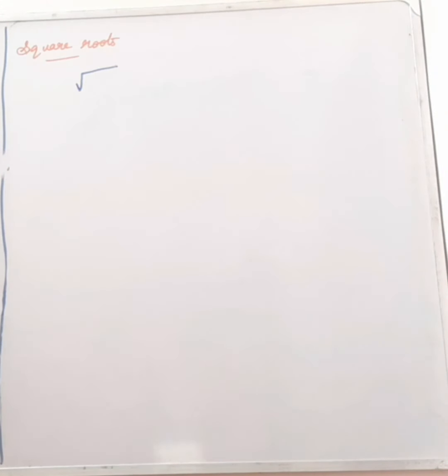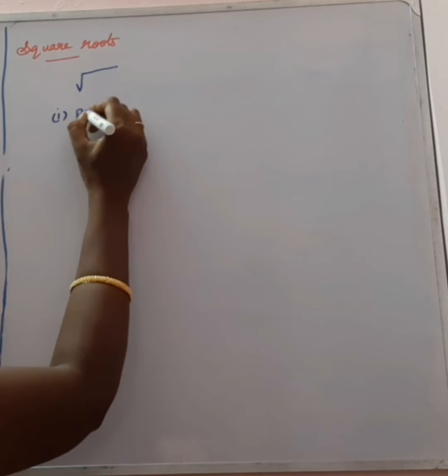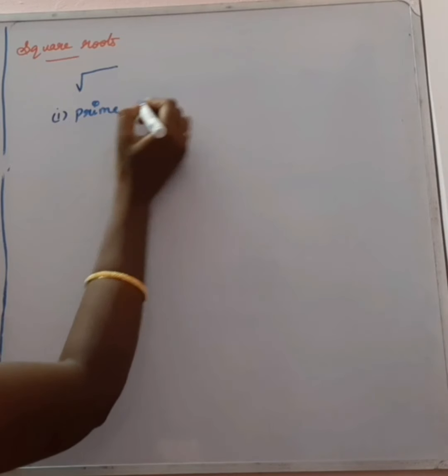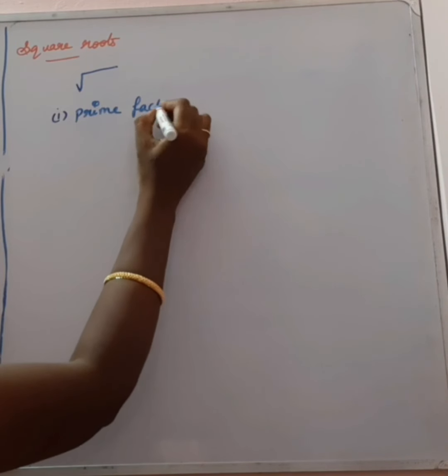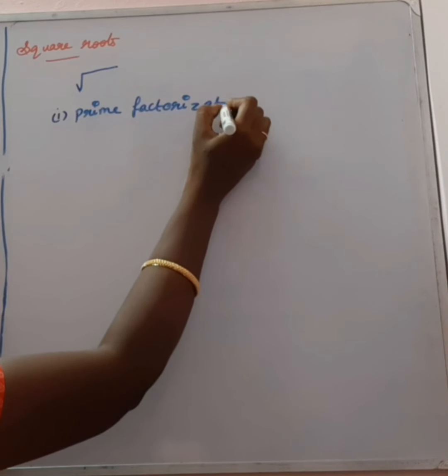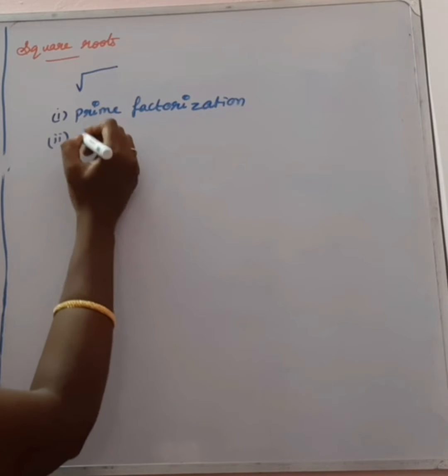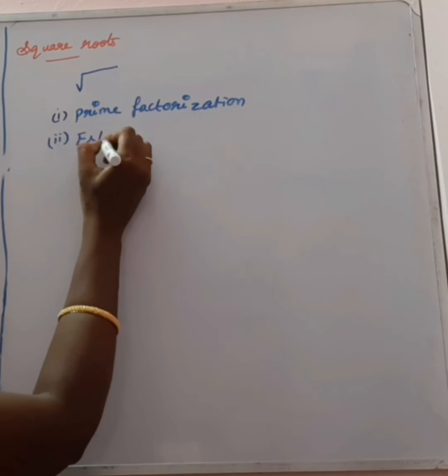Here we have four methods. What are they? The first method is prime factorization. Already you know prime factorization, right? By using that we want to solve. The second method is estimation.